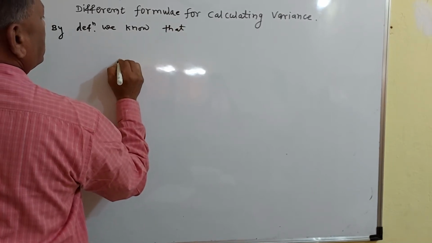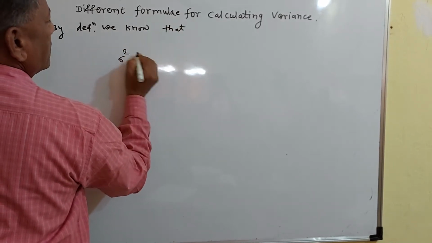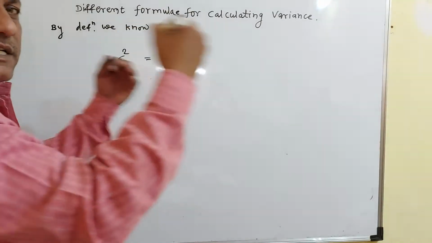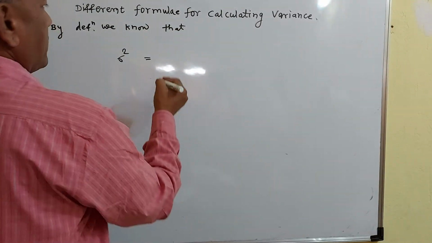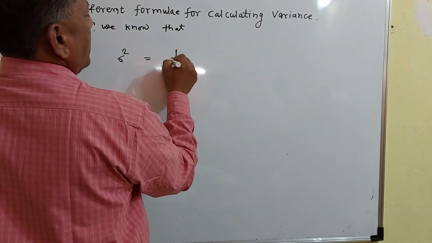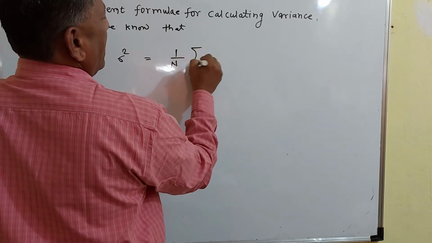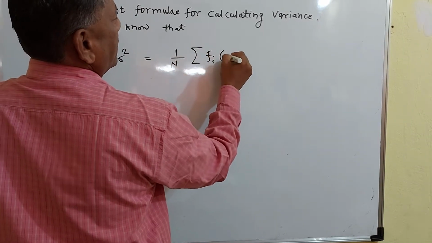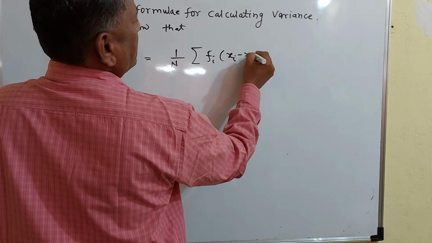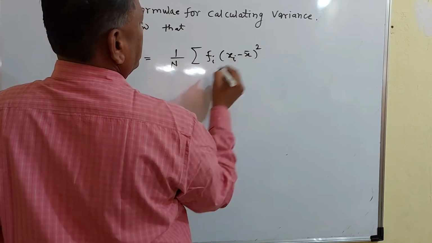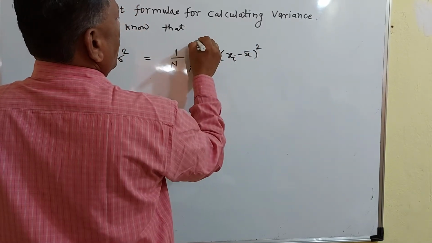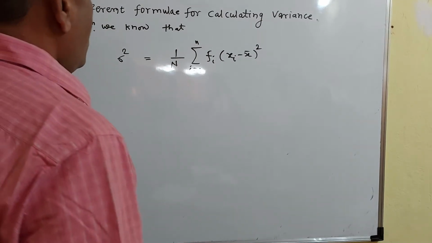that variance, sigma is the standard deviation and sigma square is the variance, is equal to 1 upon n summation of fi into xi minus x bar square, i going from 1 to n.